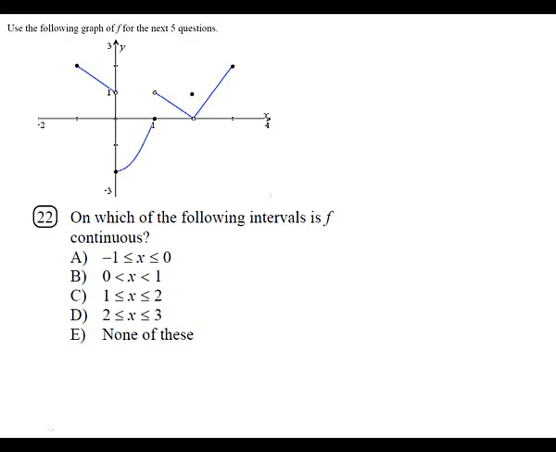All right. Which of the following intervals is f continuous? All right. So let's see. I see it says between -1 and 0. Is it continuous there? But is it closed at 0? No. So that one's gone. Between 0 and 1, is it open on both of those? No. Okay. Between 1 and 2, is it open on both of those?